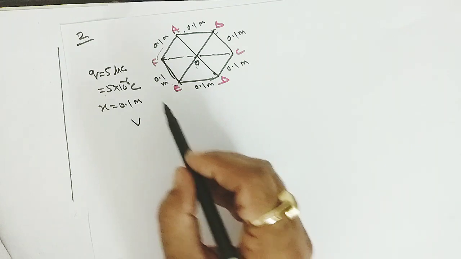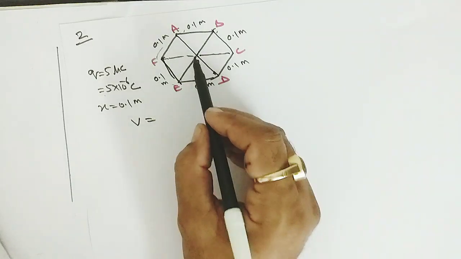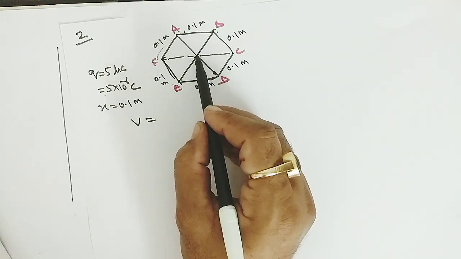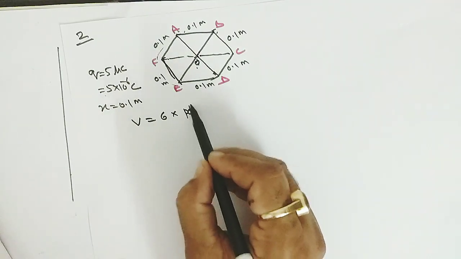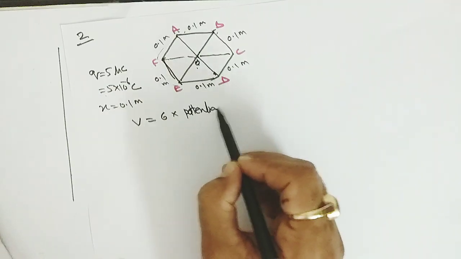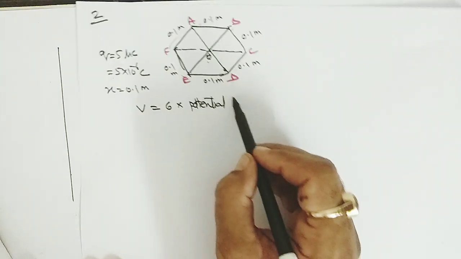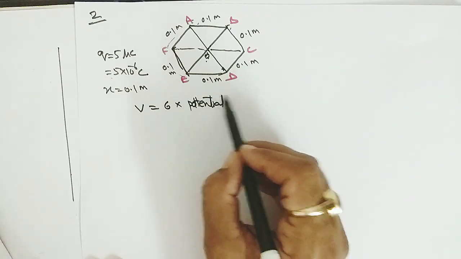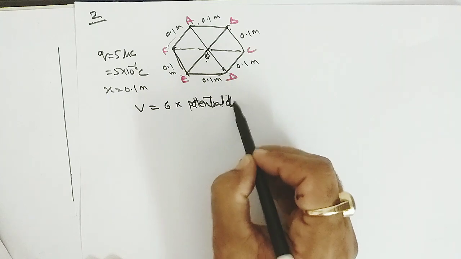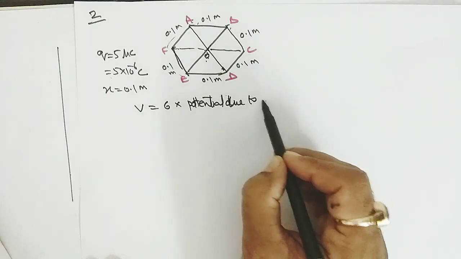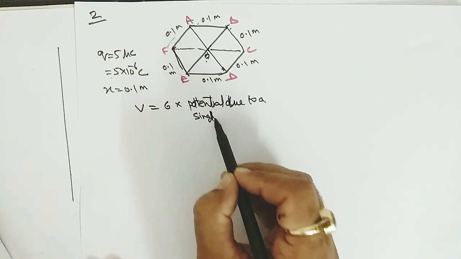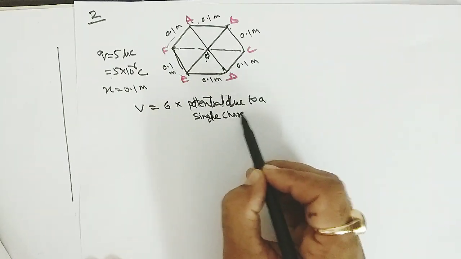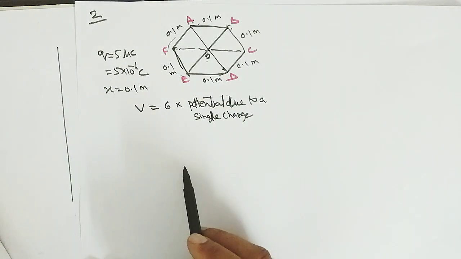So the potential at the center is always 6 times the potential due to a single charge. Every charge will give the effect at the center.